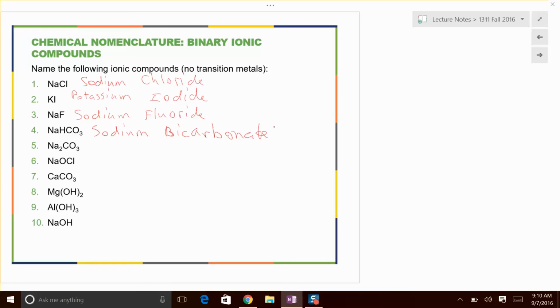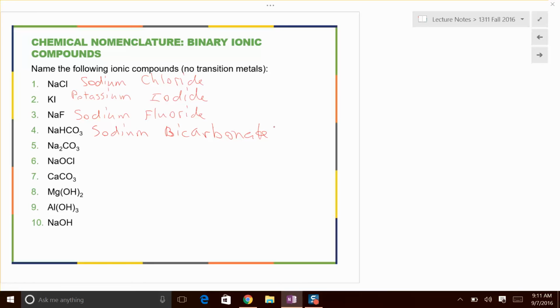Okay, does anybody know what this one is? CO3? It's a polyatomic ion. Carbon dioxide. No, it's not. It's an ion. It's a polyatomic ion. What's the name? Carbonate. CO3, 2 minus.